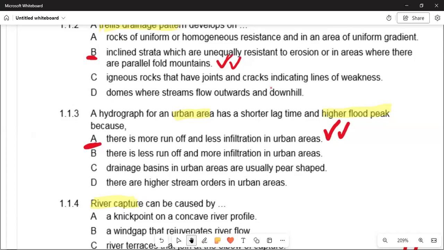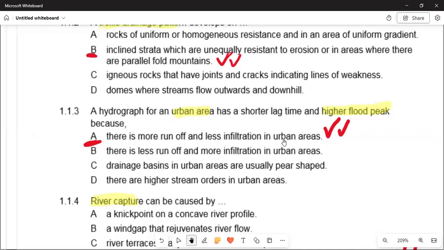Remember that in urban areas infiltration is less because of the density of the built surfaces, such as tar roads, which suppress infiltration. Where there is more runoff, there is less infiltration, and where there is less runoff, there is more infiltration. That is the concept we need to understand. Then you get your 2 marks.